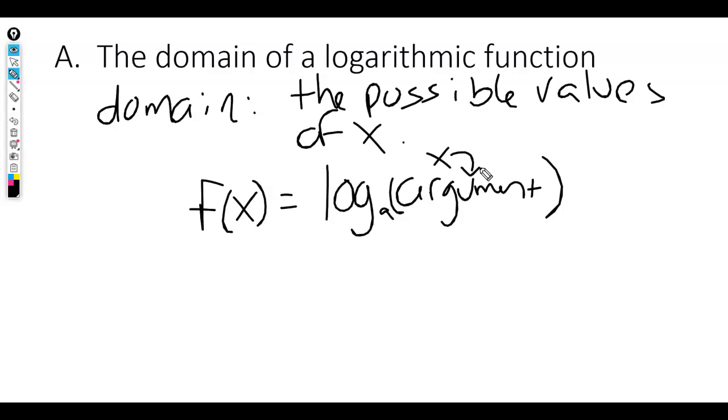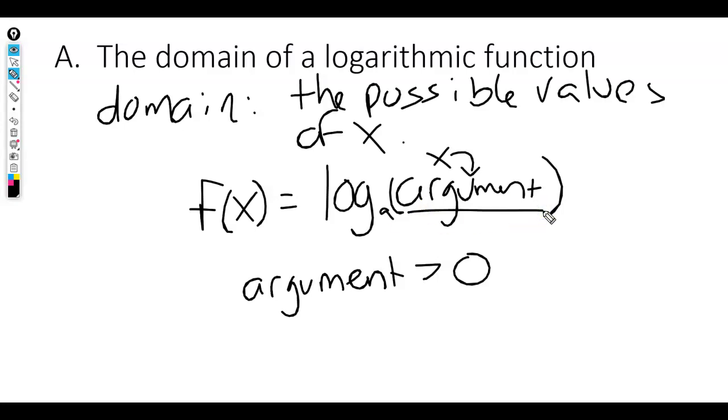Well, a little while back we talked about how the argument has to be greater than 0. It can't equal 0 and it can't be less than 0. Anytime this number here is negative or 0, you get an undefined expression in your log.